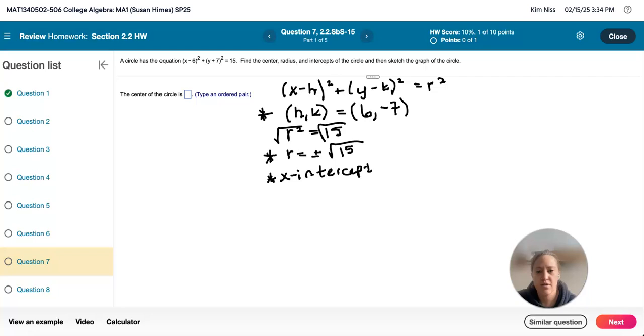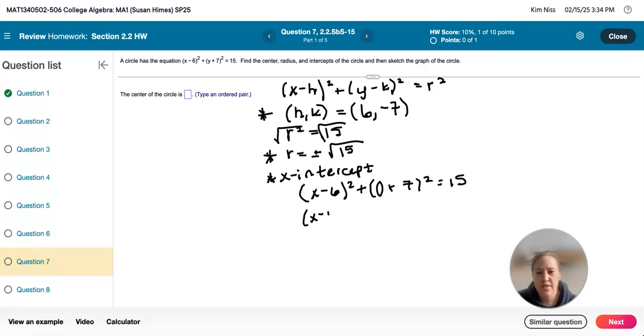So in this case, we have (x minus 6) squared plus, we plug in 0 for y, so (0 plus 7) squared equals 15, and solve.